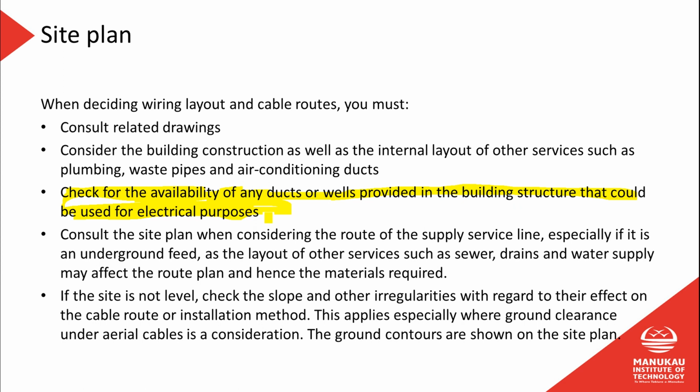In a large multi-story building, for example, you'll generally have a service duct, which may even be like something that you can walk inside. It would look like a walk-in wardrobe on each level, and it will have the ability to run cables and pipe work from one floor to the other. If those things exist, then obviously we should be using them.